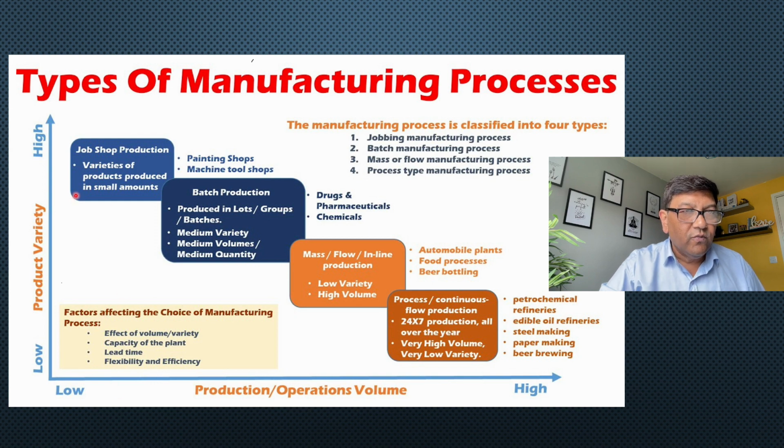So low volume and very high variety. That could be the print shops. For example, you go to the university print shop and ask them to print your assignment. That is just one job for them. It starts and ends within a few minutes. That is just one job.